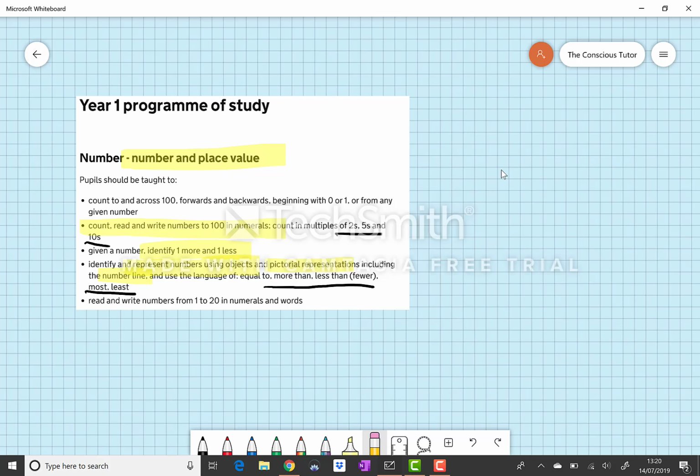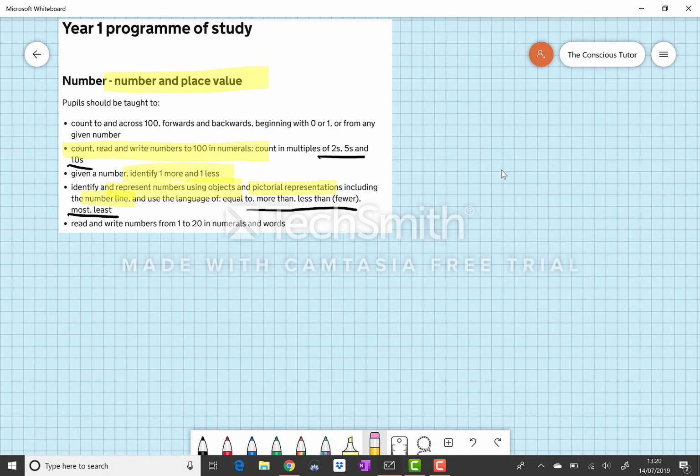So for example, if we've got 3 cherries and you buy 3 more, what does that representation look like now? It looks like this. So we've now got 6 cherries. So that's pictorial representation.